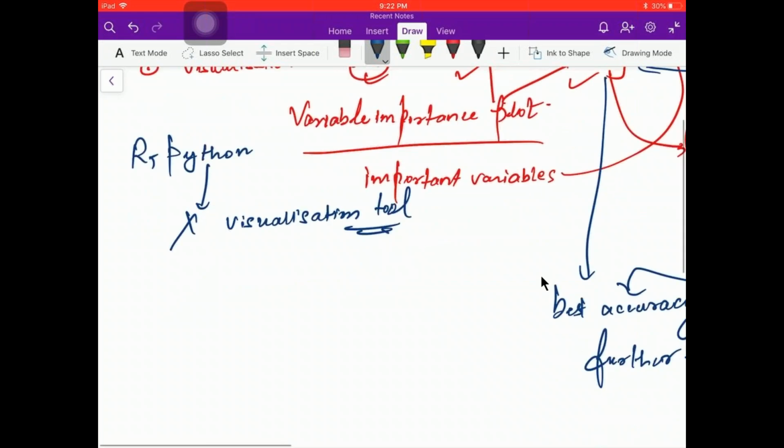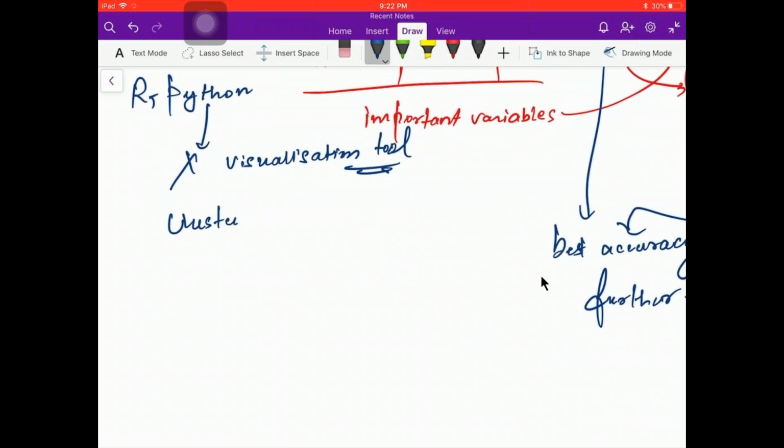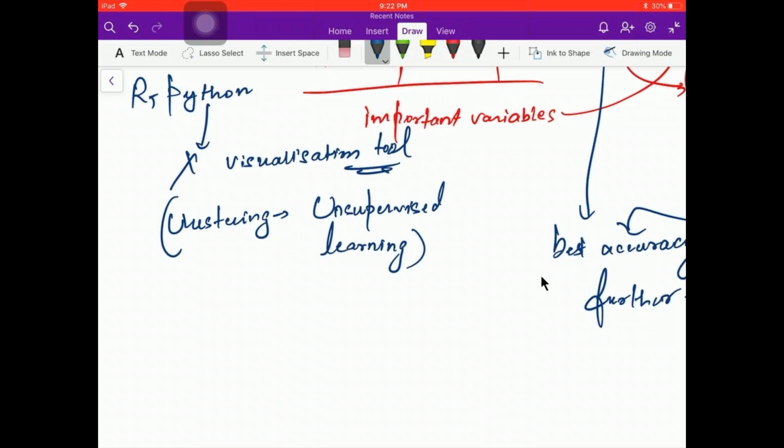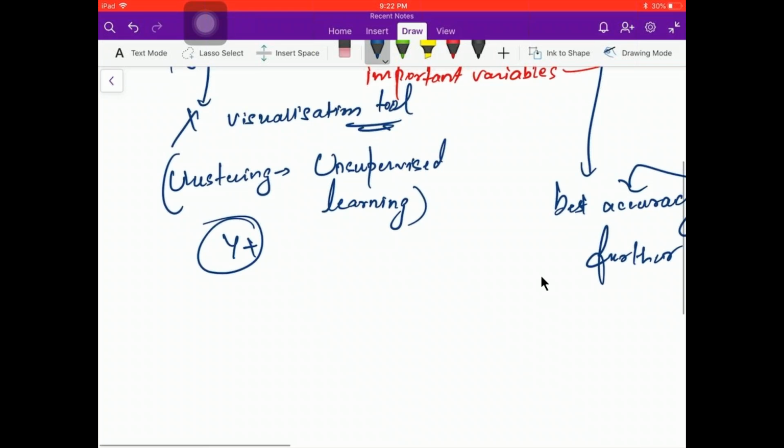So clustering is basically unsupervised learning. So what is unsupervised learning? We have already seen that when your y is not there, I don't have a response associated with every data point.